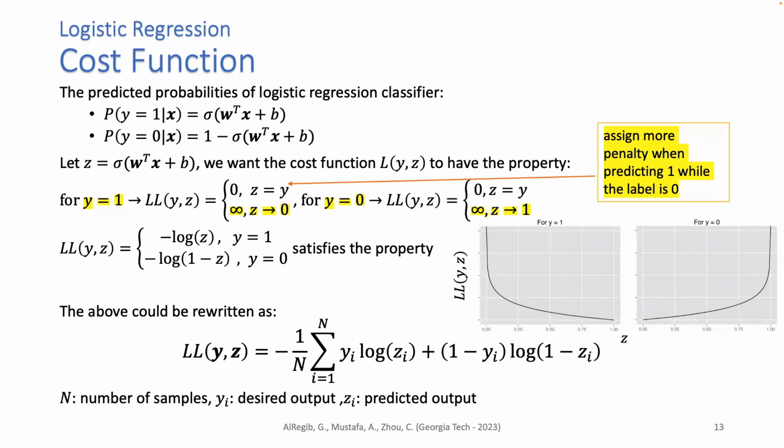This is my cost function. If z equal to 0, because y is 0, then I should not penalize myself, so this should be 0. As z approaches 1, then I have to pay quite a bit of a penalty. The cost is very, very high. Does this make some sense? Yes.